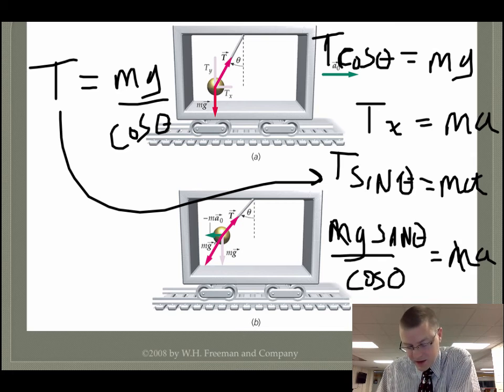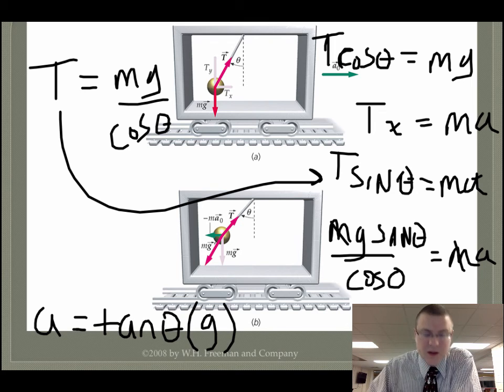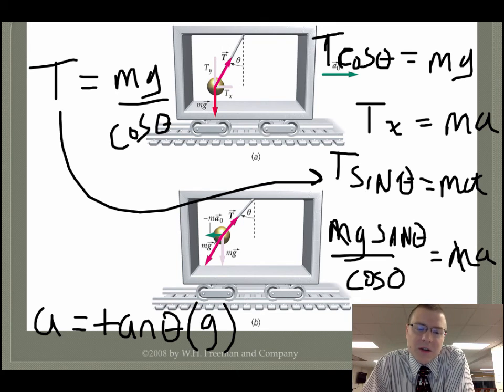Getting rid of my masses and seeing that sine over cosine gives me tangent, the acceleration of my accelerated frame is tangent of theta multiplied by g. So if I measure the angle that a pendulum swings backwards when I'm in an accelerating frame, I can figure out the acceleration of the system that I am in.